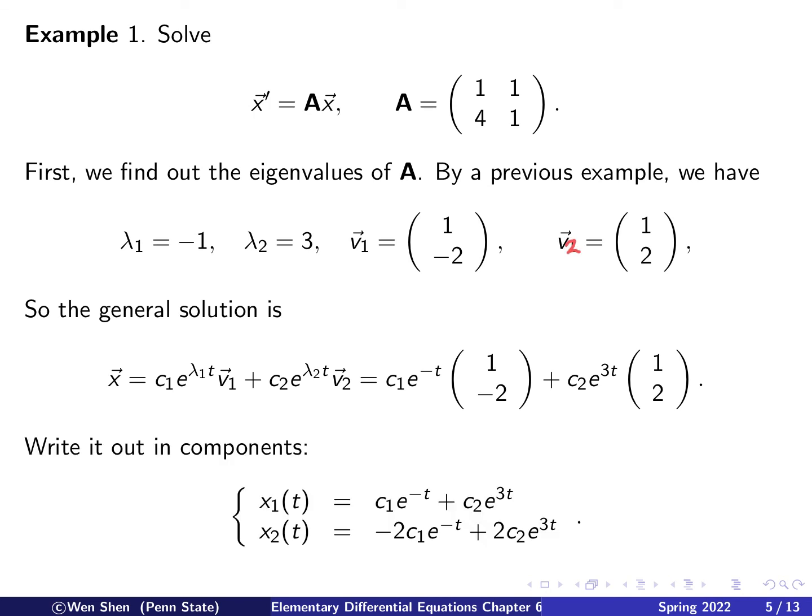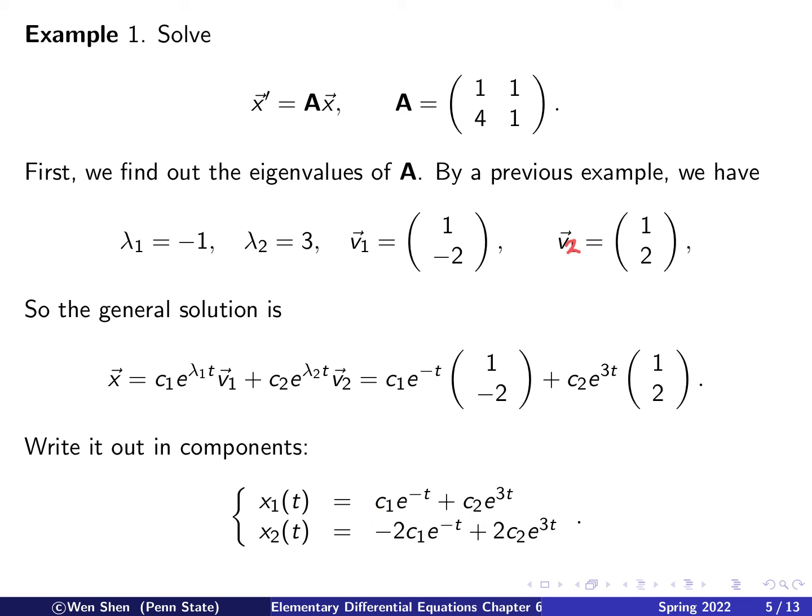If you're not familiar with the vector form of writing the solution, we can also write it out in components. That is, we can write out the functions x1 of t and x2 of t. x1 is the first element in this vector, so you take the first element here and the first element here: c1 e to the negative t times 1 plus c2 e to the 3t times 1.